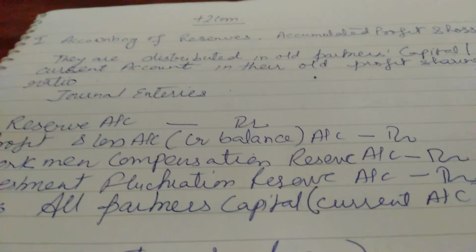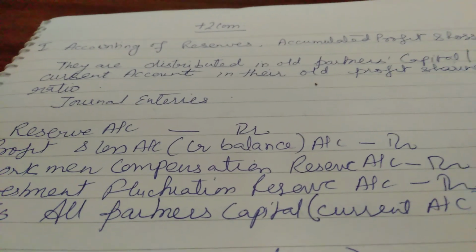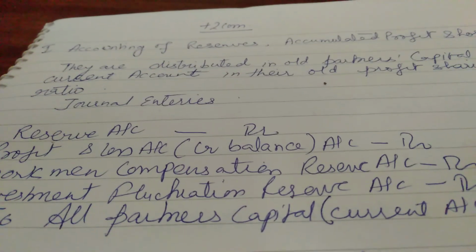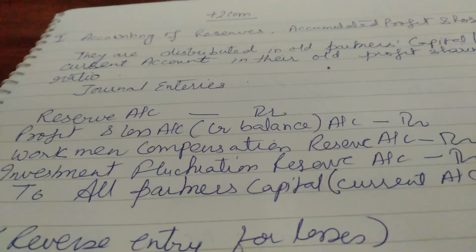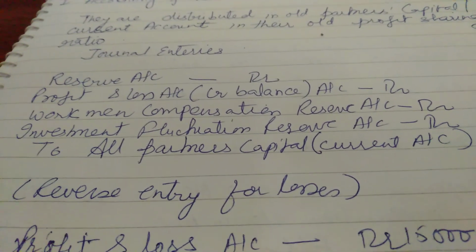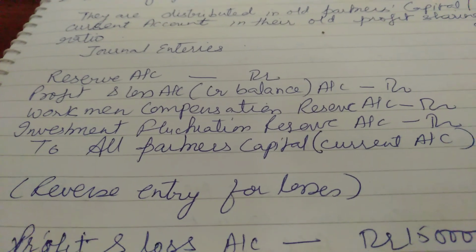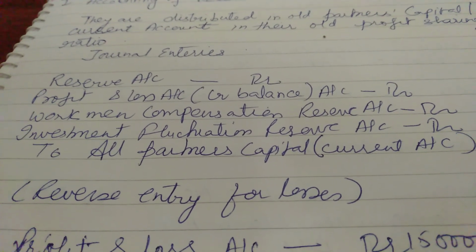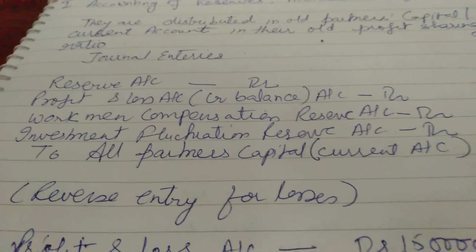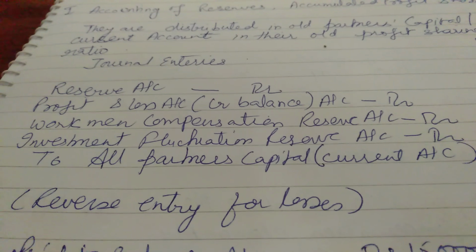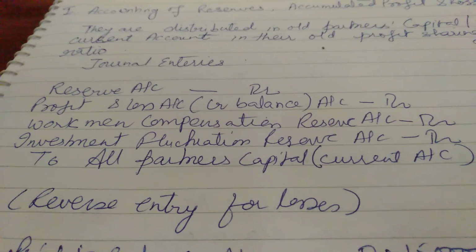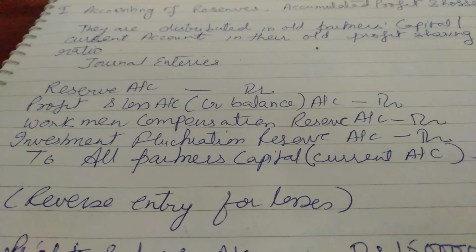Now, journal entries. How you are going to pass journal entries for treating reserves, accumulated profits and losses. Whatever reserve is mentioned in the question, you will take that. Reserve account debit, look at the entry clearly. Reserve account debit, profit and loss account, credit balance means if there is profit, there will be credit balance. So profit and loss account debit, workmen compensation reserve account debit, investment fluctuation reserve account debit.